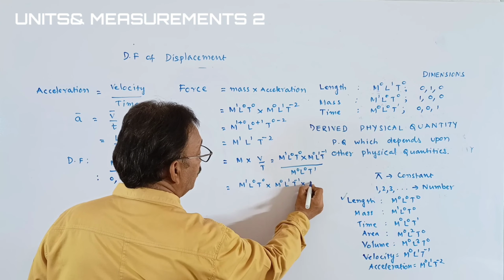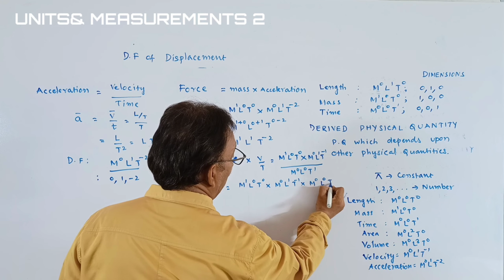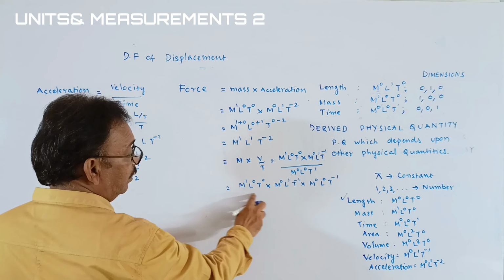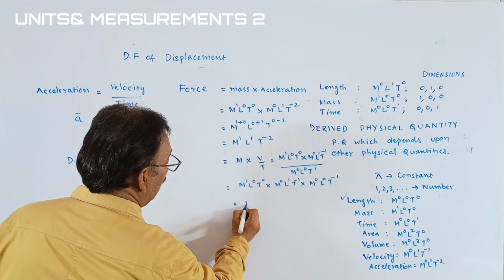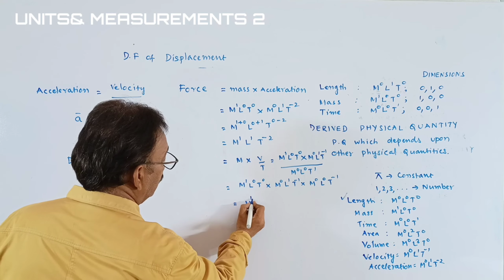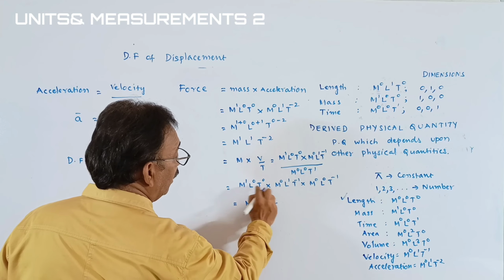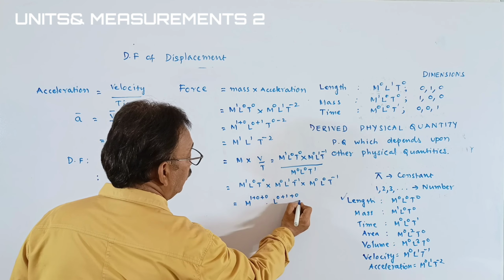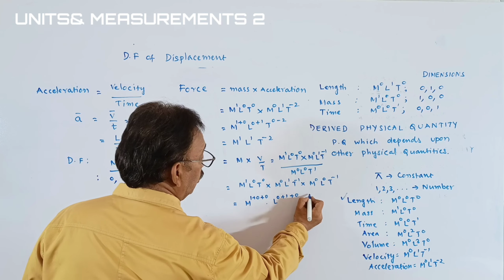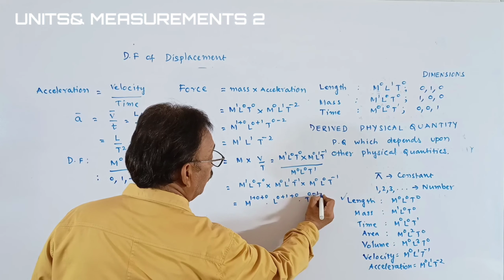It is M to the power of 0, L to the power of 0, and T to the power of minus 1. Again, we are taking the same physical quantities which have the same base. That is, M has a power of 1 plus 0 plus 0, L: 0 plus 1 plus 0, T to the power of 0 minus 1 minus 1.